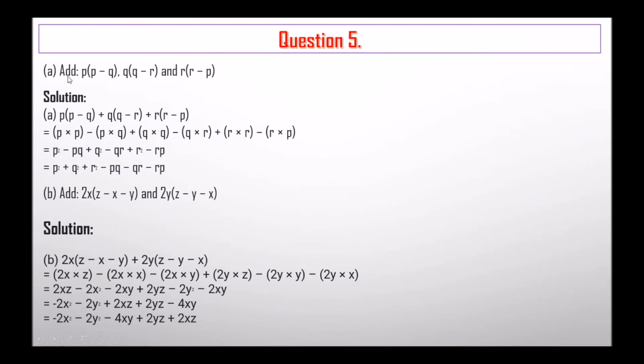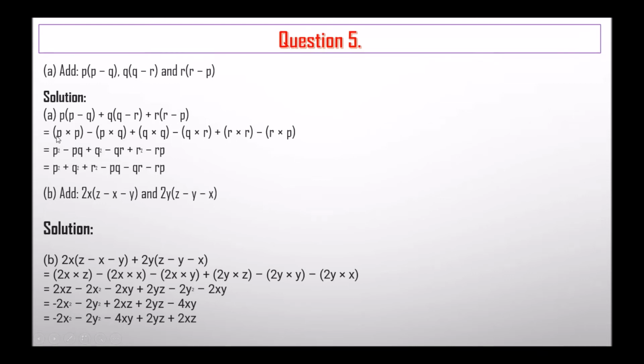Fifth question, add: p(p − q), q(q − r), and r(r − p). Now we have to add all this. So first we will open the bracket. So p × p − p × q + q × q − q × r + r × r − r × p.